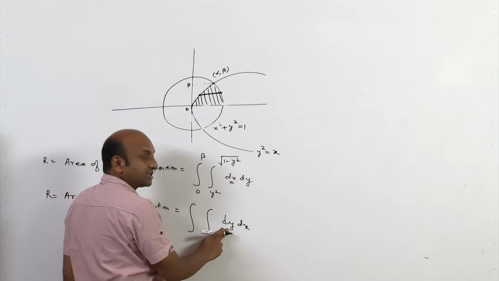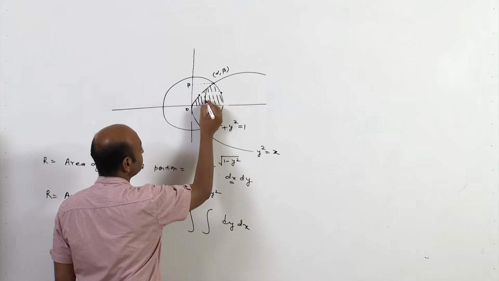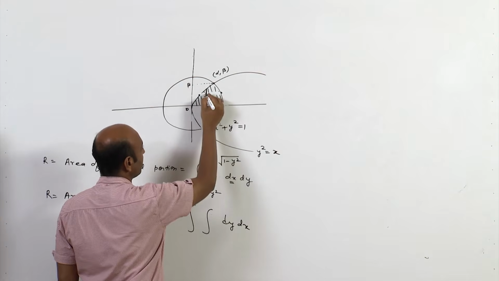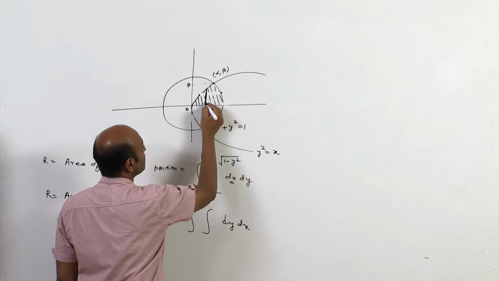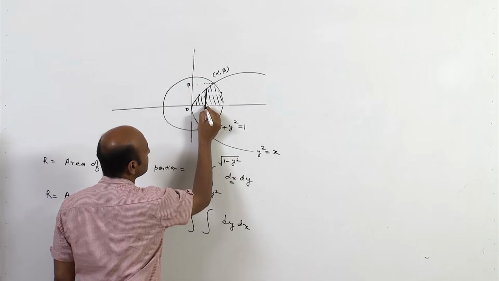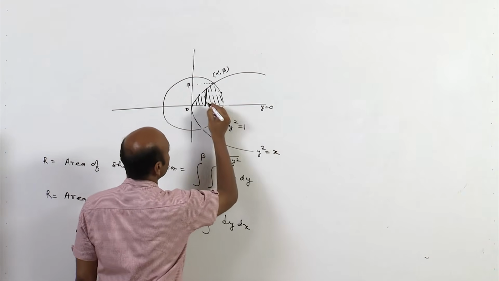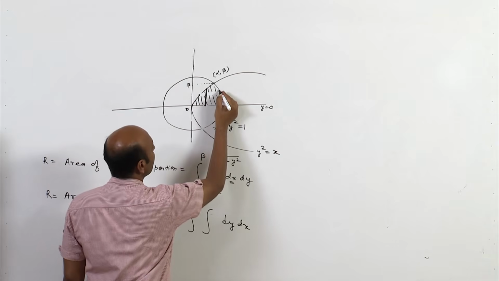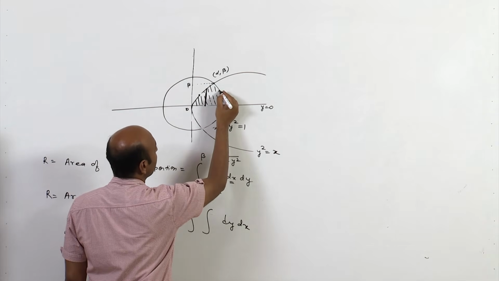So, you have to take a strip parallel to the y axis. If you take a strip parallel to the y axis here, the lower bound is y equal to 0 and the upper bound is this. However, if you take the same strip over here, the lower bound is y equal to 0 and the upper bound is on the circle.